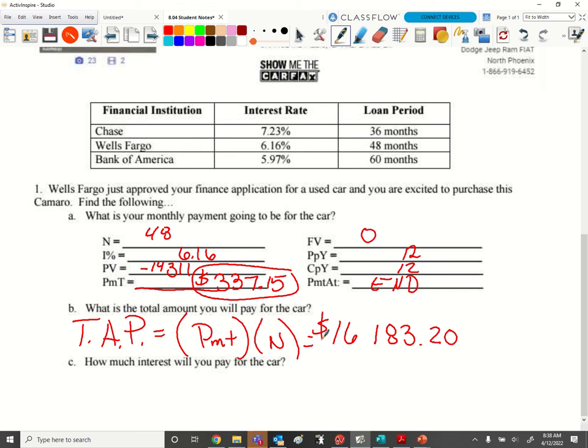So the rest of that money is coming from that interest, and that's what we're going to figure out down here: how much interest you paid for the car. What is that one called? We talked about that one yesterday. The TIP. Total interest paid. My TIP.